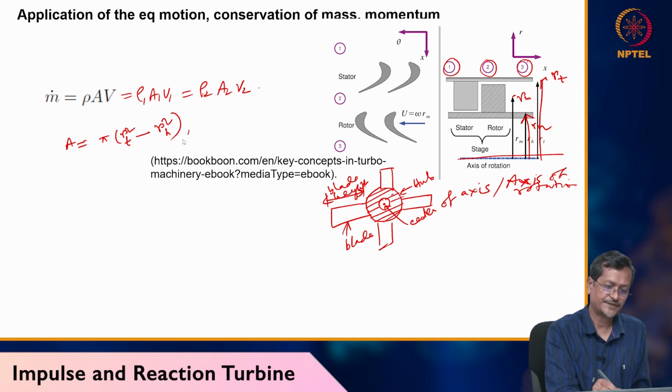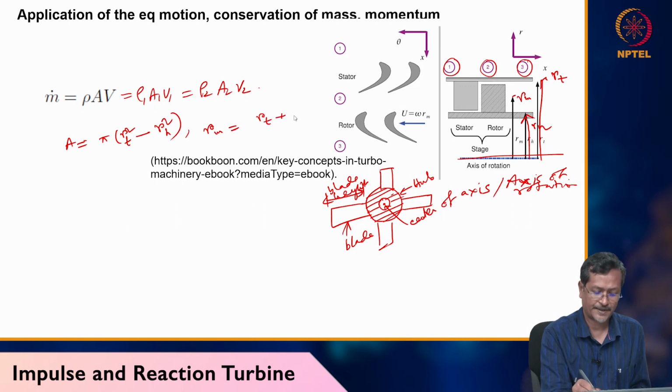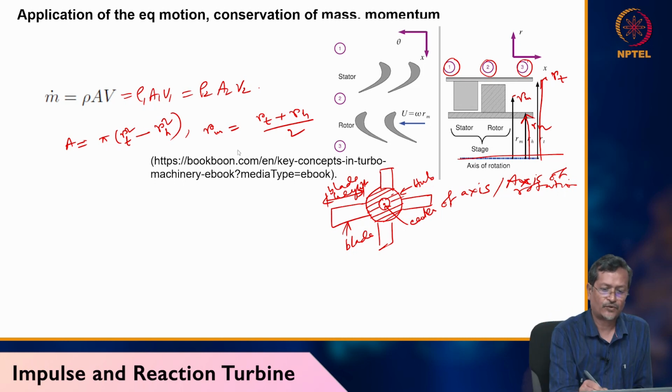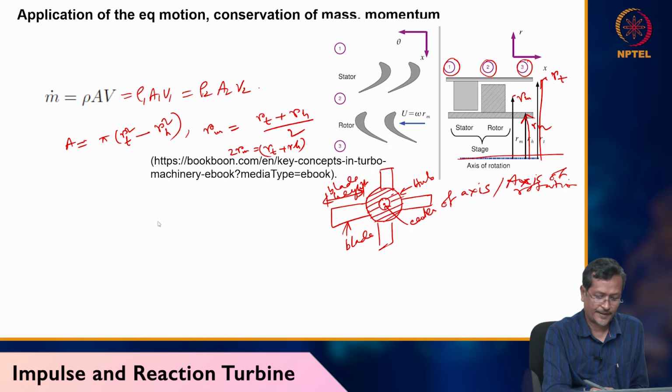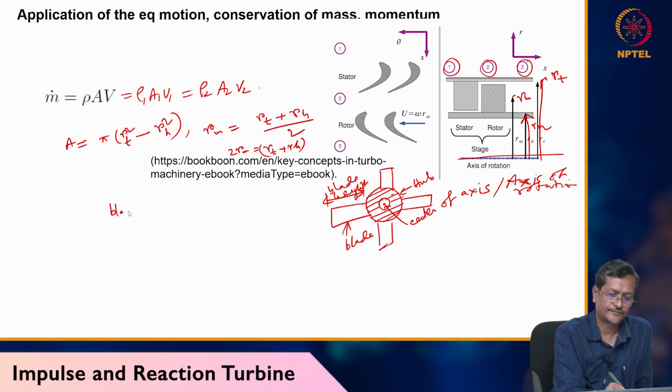The mean blade radius RM is (RT plus RH) by 2. Now 2RM equals RT plus RH. Now blade height, B equals RT minus RH.